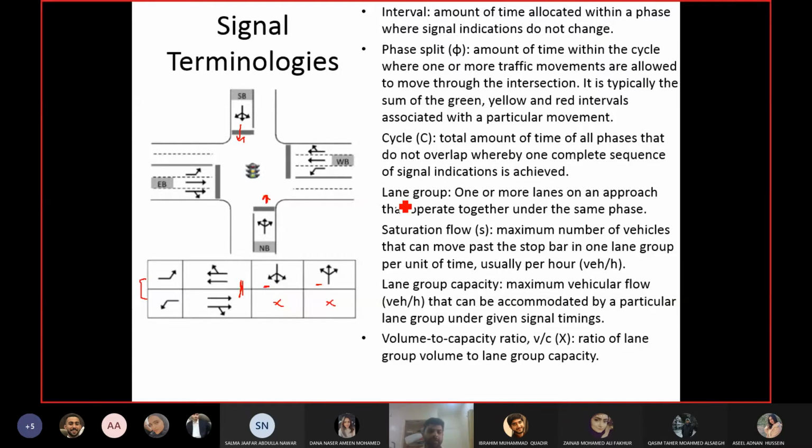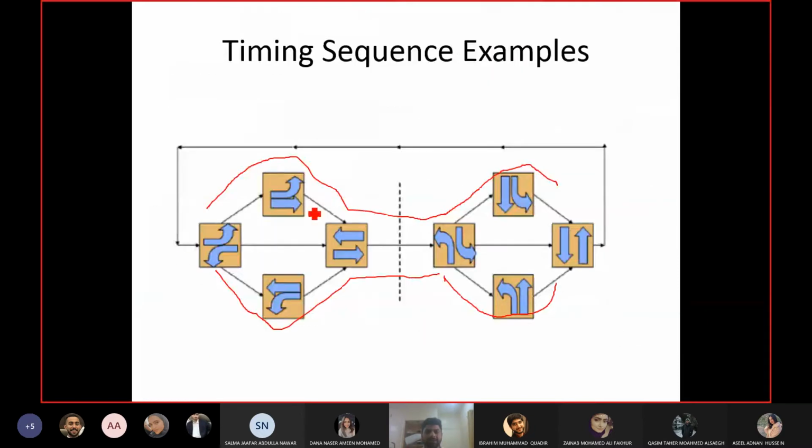For example, if you say this left turning will be, now I cannot explain it here. So let me go back. Now you see this left turning is overlapping here, and in the top box the left turning is overlapping.